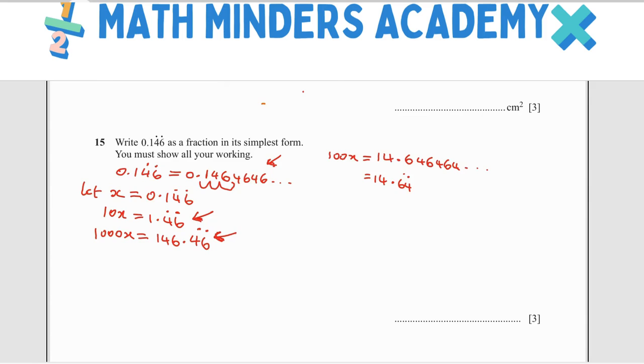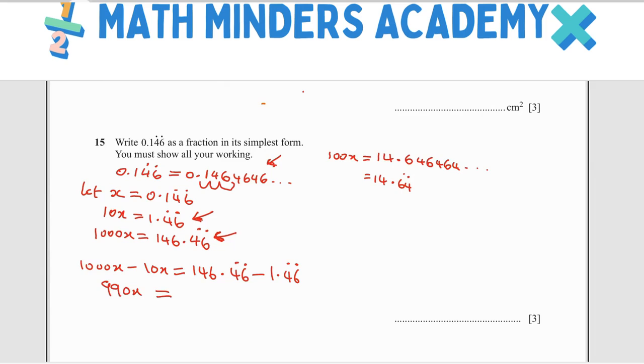So now when we subtract the decimal numbers, if we subtract on the left, we will also do the same to the right. So if we do 1,000S minus 10S, that will give us 146.46... minus 1.46... Okay. Now, this gives us 990S.